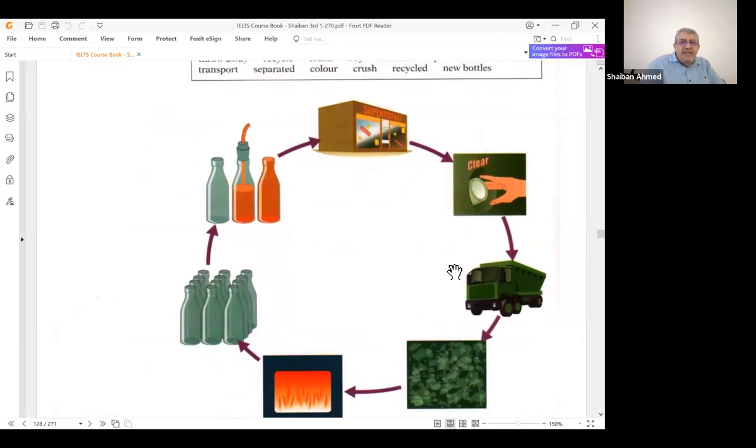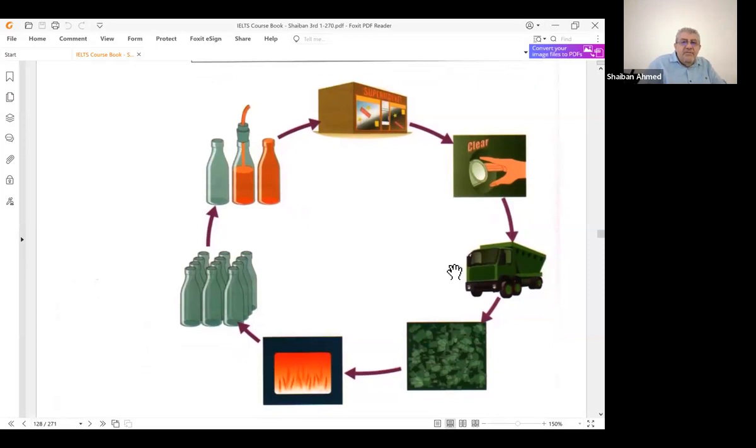So from supermarket to the trash bin, then the trucks, then into the factory, they are crushed, then fire, then bottles, then juice, then finally the supermarket again. You see the process here. We have 1, 2, 3, 4, 5, 6, 7 stages.